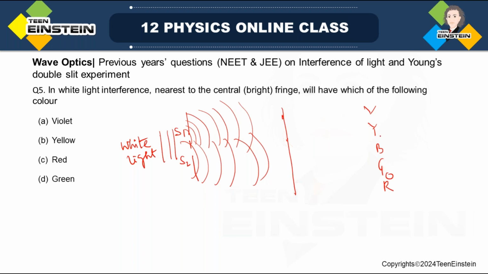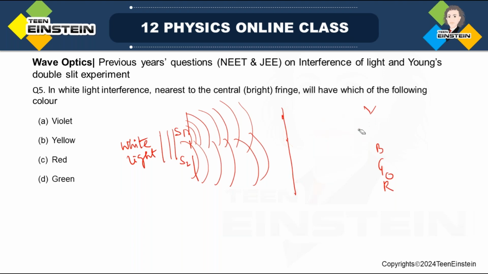So you know there are 7 colors in the white light. I think I have just written it wrongly a little bit.